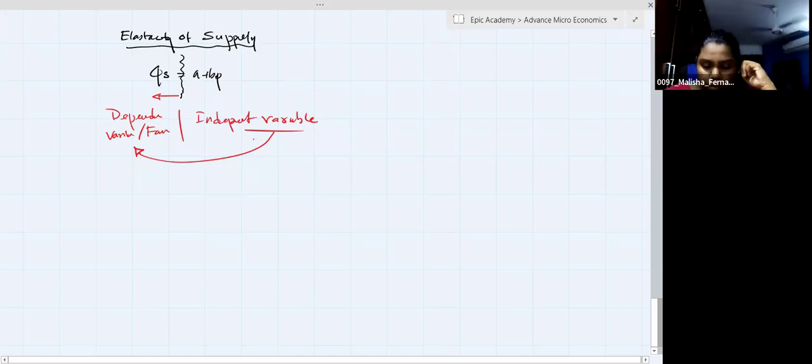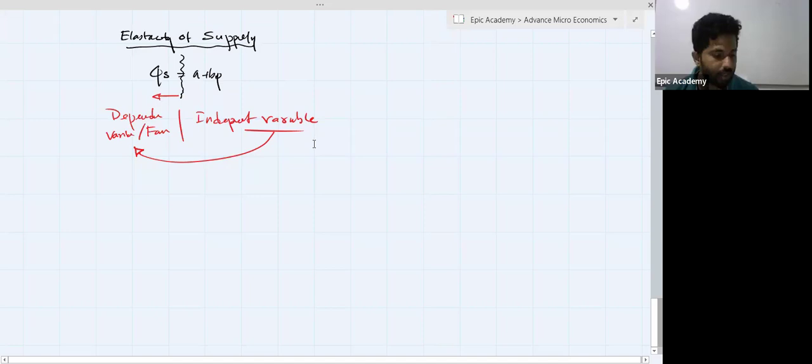We already discussed elasticity. So how can we calculate it? There are two methodologies you can use. Point elasticity is similar to what we already discussed. We represent the elasticity of supply by PES: delta QS divided by delta P multiplied by P divided by QS. This is point elasticity.